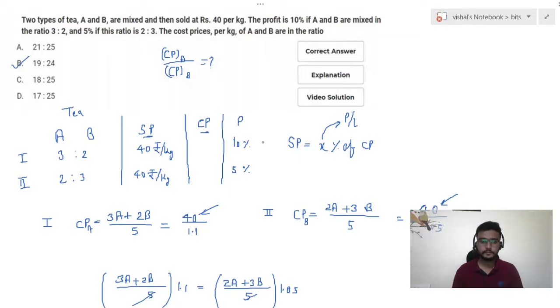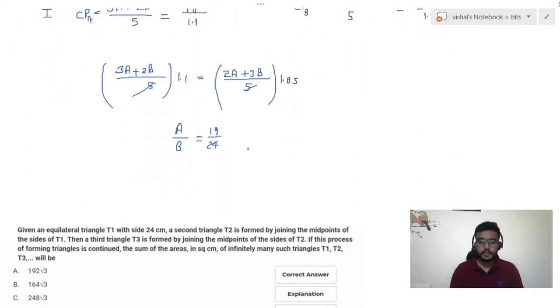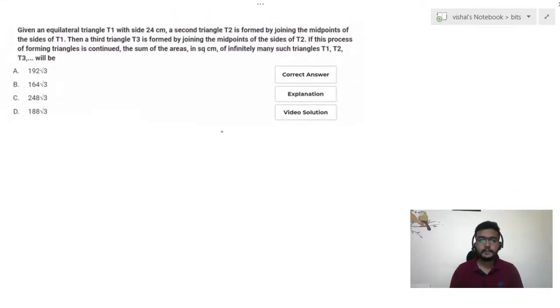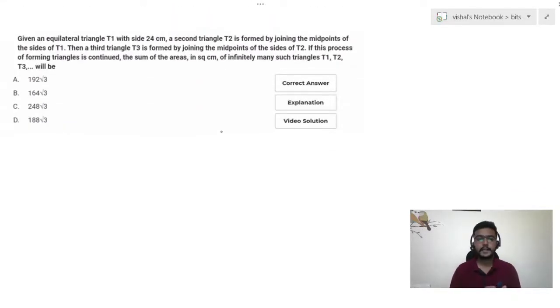Got it? Moving to the third question, it is given that an equilateral triangle T1 has a side of 24 centimeter, and a second triangle T2 is formed by joining the midpoints of the sides of T1. So let's start with the equilateral triangle.